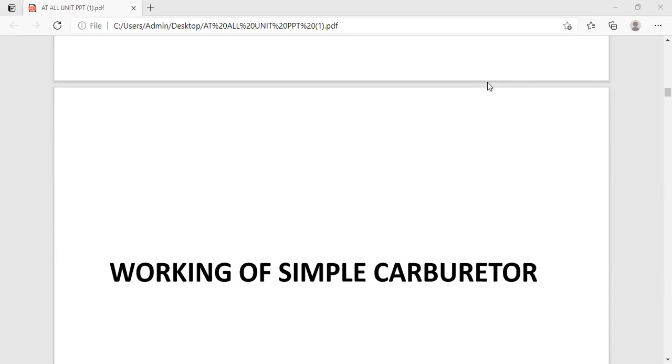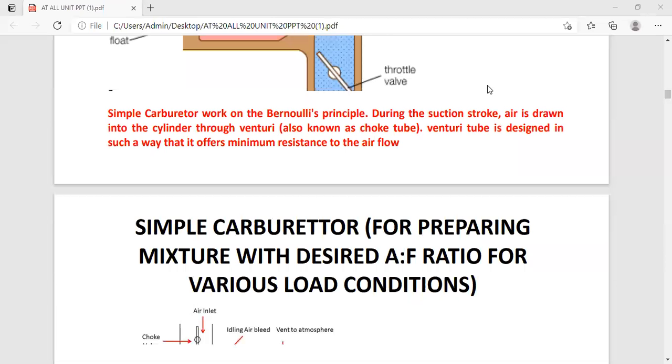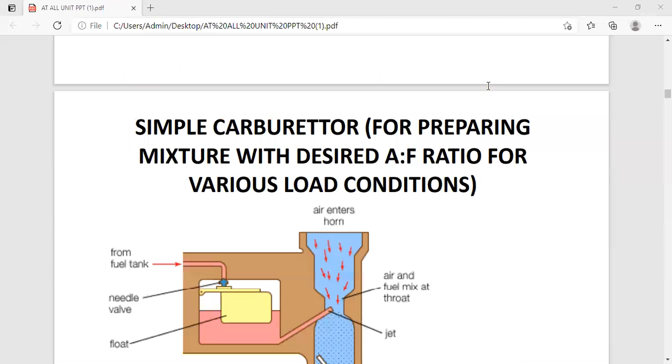So the process of mixture formation is very important for the spark ignition engine, for it to operate efficiently under all working conditions. We are going to discuss those later. A few definitions are required before seeing the carburetors.